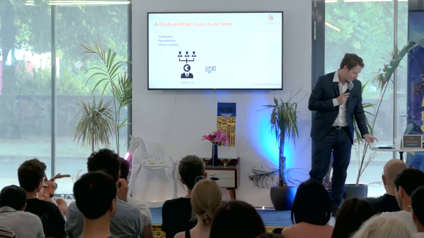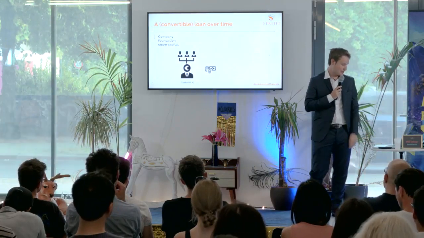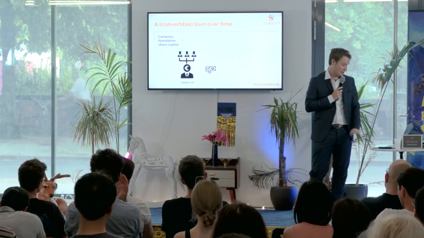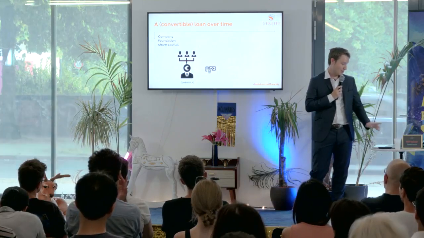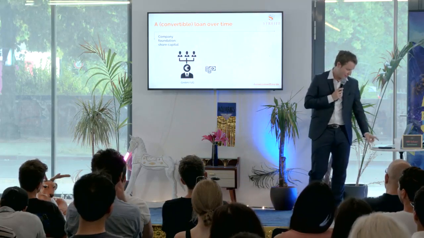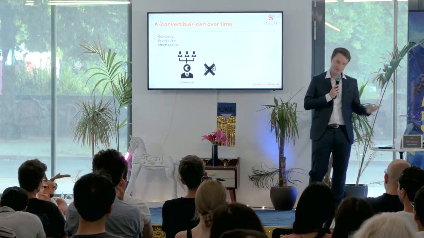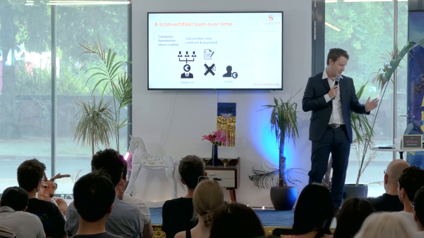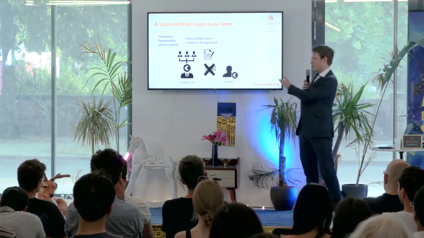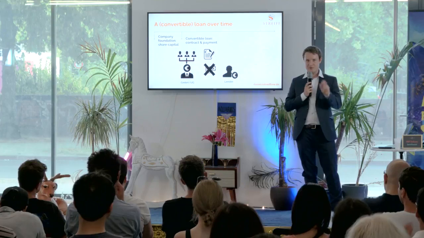This seems really theoretical right now, so that's why we're going to look at how it works in action. And this is just a standard loan and how it works over time. We have your company again, and this is your share capital. And after a while, your share capital is gone, and that's why you need money. And so here comes the lender, and the lender is typically a regular natural person.